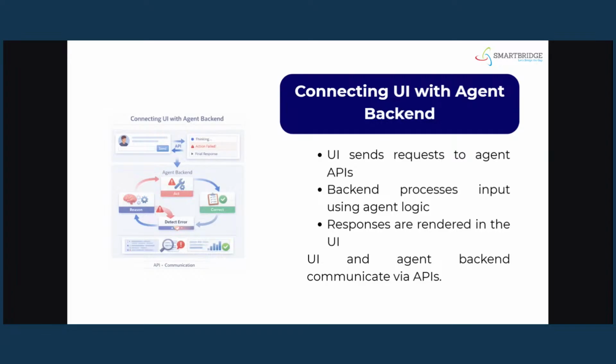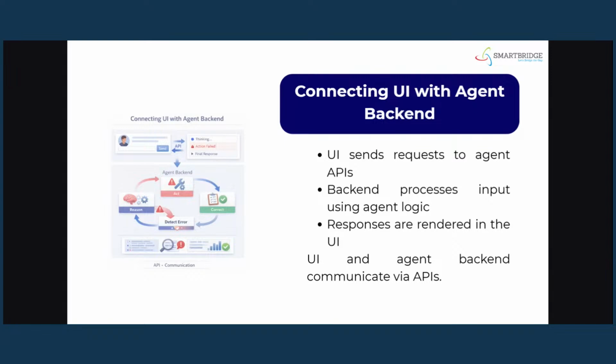I hope everyone understood how the backend and frontend are connected. Using APIs, the frontend and backend are connected. So when users ask any question to an application like ChatGPT, the front end will send the request to the backend, the backend processes the data, and then it returns the answer.